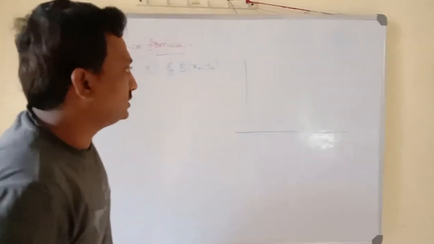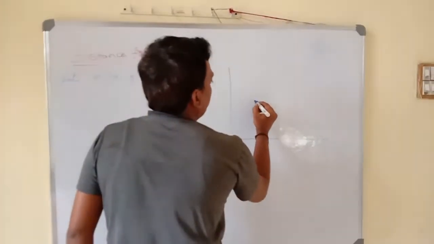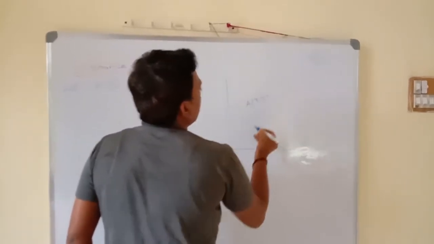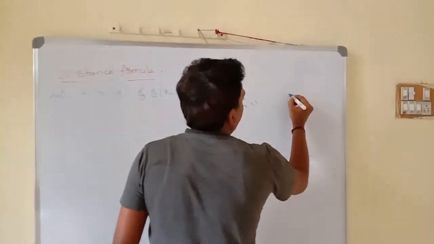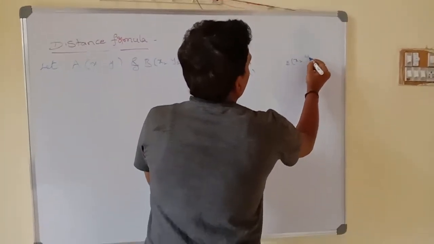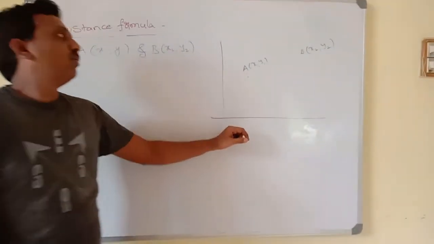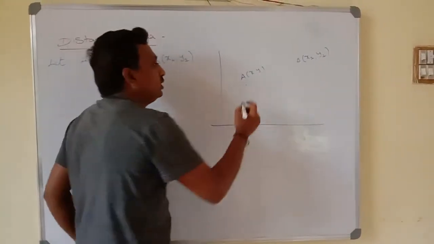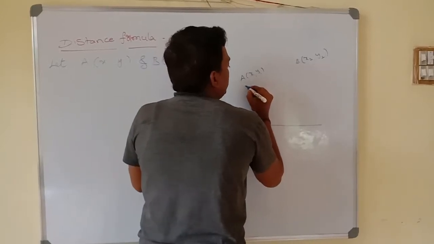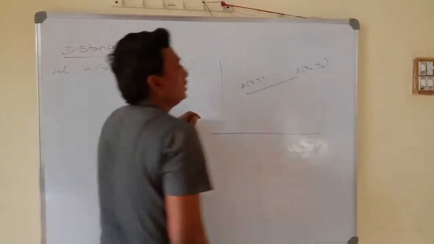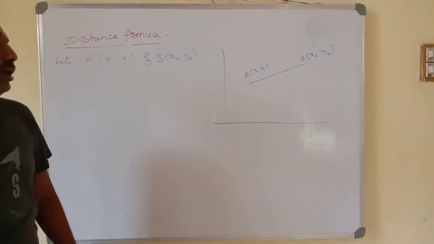Observe this. Point A is (x1, y1), point B is (x2, y2). Then how do we find the distance between A and B?